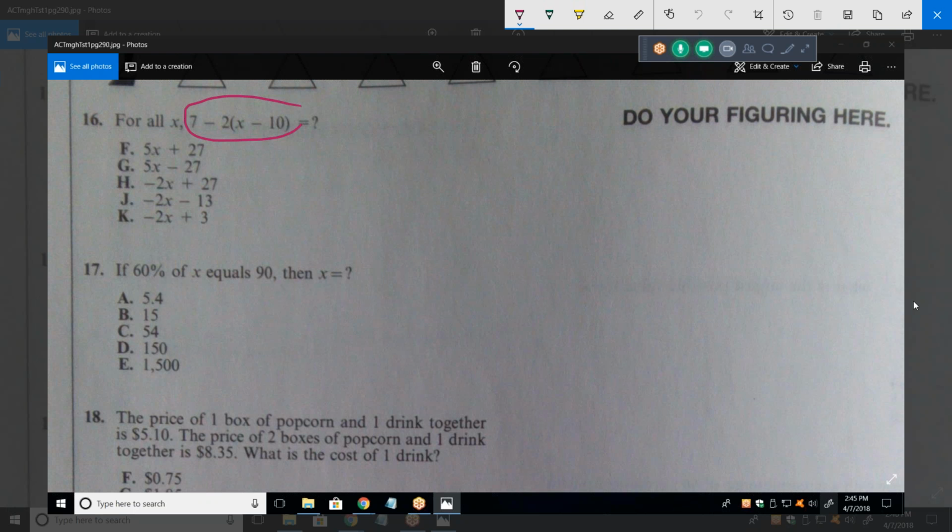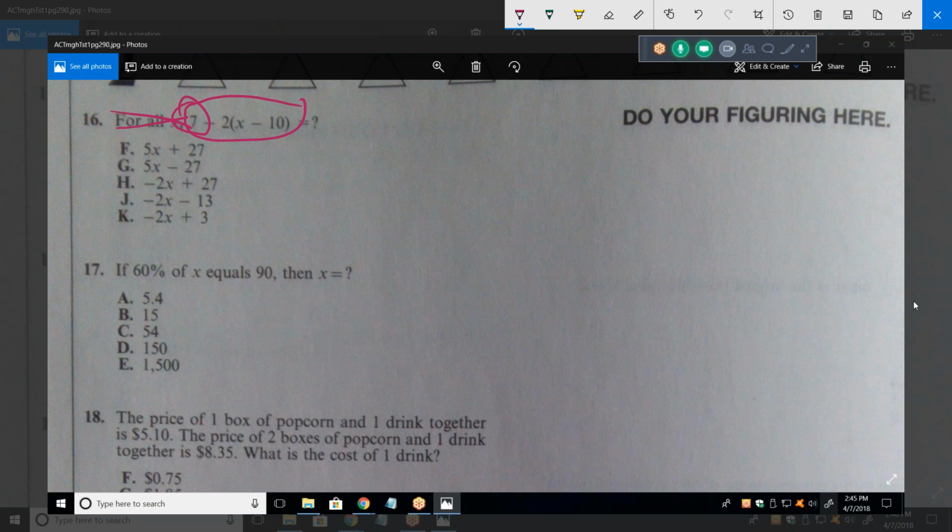Simplify that. Forget that. That's not important. Just simplify what I've circled. So, it'd be negative 2x. Hold on. What happened to the 7?